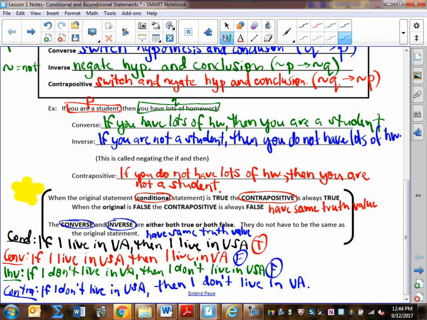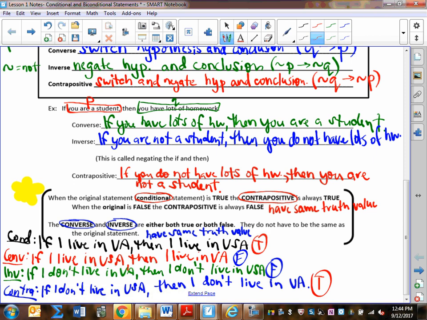What is that? True. If I don't live in the USA, I can't live in the state of Virginia, because the state of Virginia is in the USA. It's contained within there. So that would be true. Notice again, conditional and contrapositive have the same truth value, and converse and inverse have the same truth value.